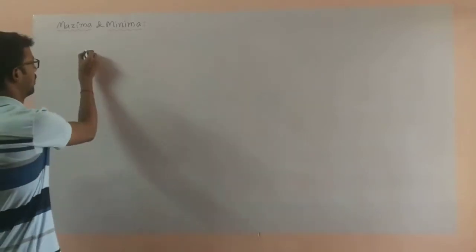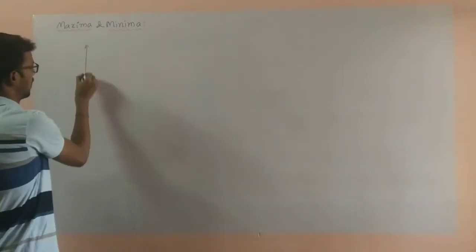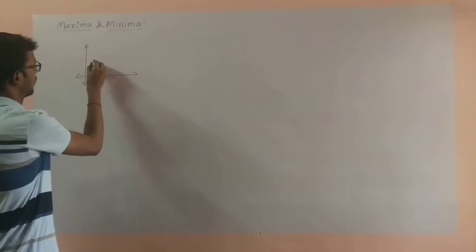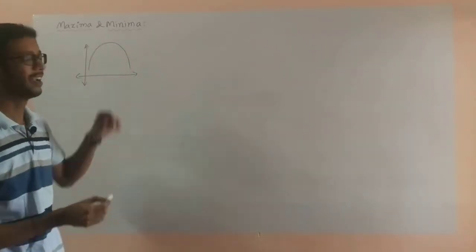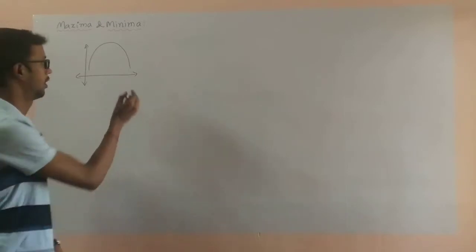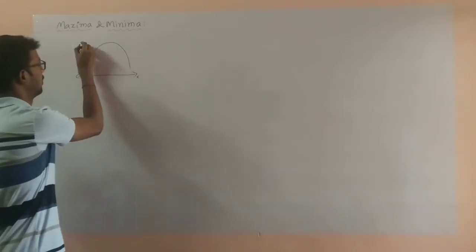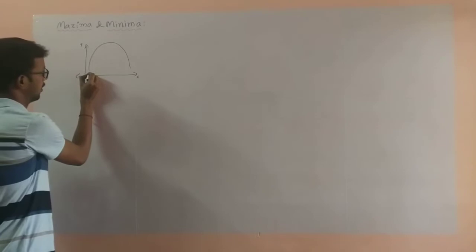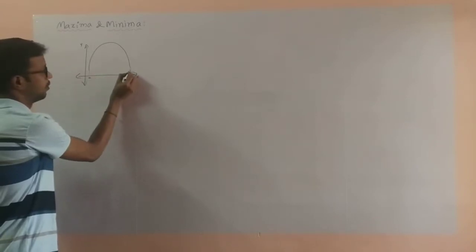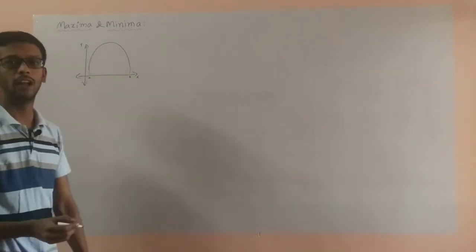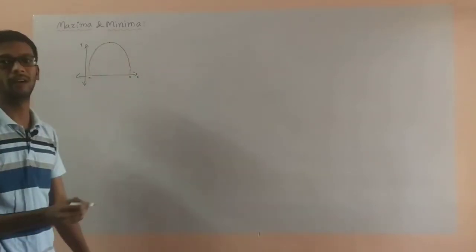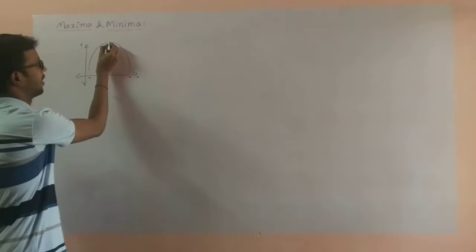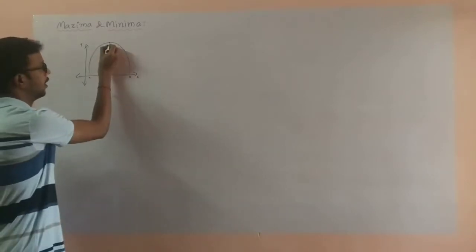Now you see here, I'll draw one graph. So what is the maximum value of this graph? This is the x-axis, this is the y-axis, and this is the interval a to b. The highest value, the highest peak, is called the maximum value.